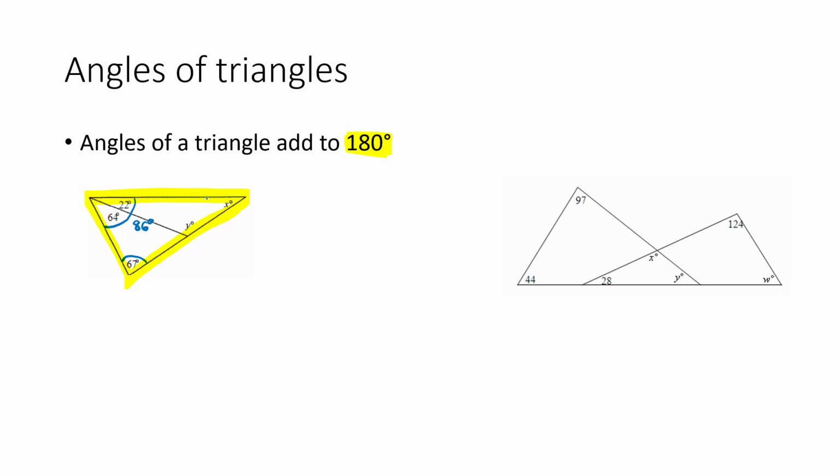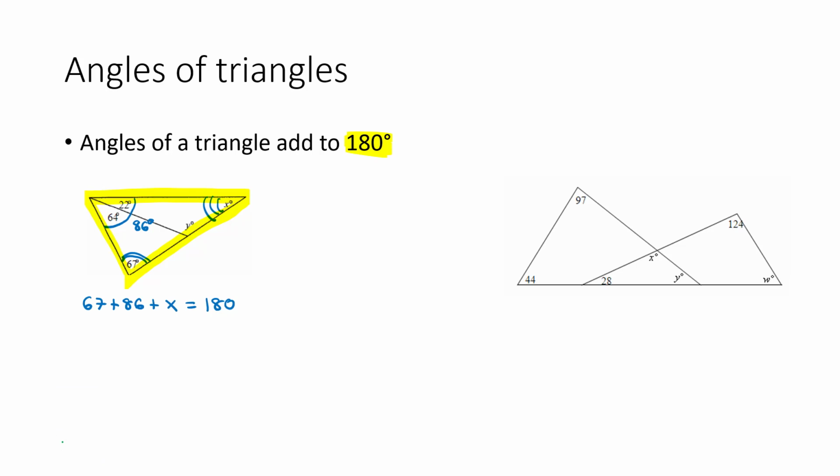And then there's this mysterious third angle, x. But what we do know is all three angles have to add up to 180 degrees. The 67 plus the 86 plus the x have to add up to 180 degrees.